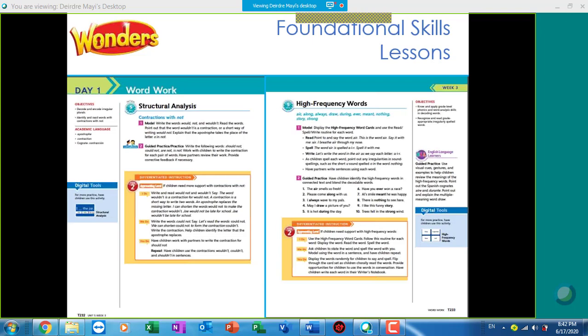Back when I talked about the instructional routines, one of the important routines is, of course, the high-frequency word routine. Read, spell, write. Anytime students are introduced to high-frequency words, they will read the word, they will spell the word, they will write the word. And again, you're going to see that gradual release.